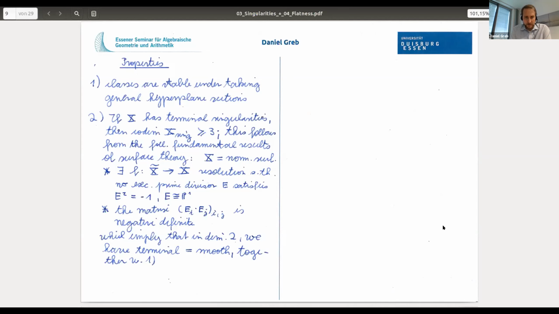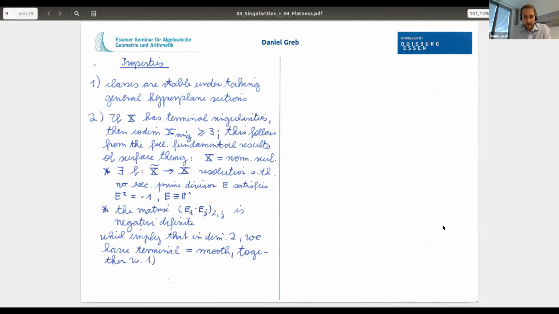Okay, so the good thing is that terminal singularities exist, but they don't exist in dimension 2. And this together with point 1 leads to the fact that if you have terminal singularities, then the codimension of the singular set is bigger than or equal to 3. This follows using a little bit of birational geometry of surfaces, namely the two basic and fundamental results.